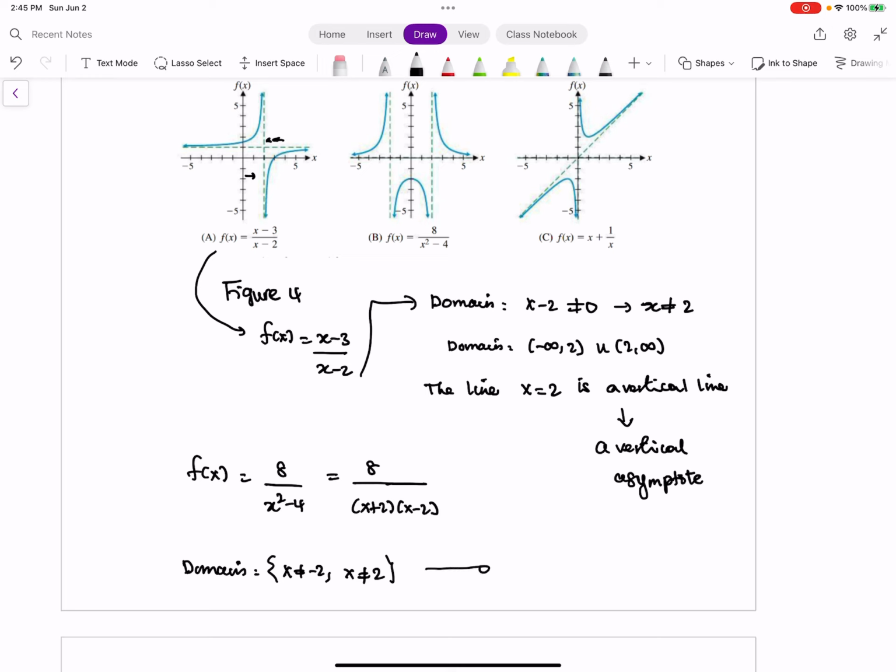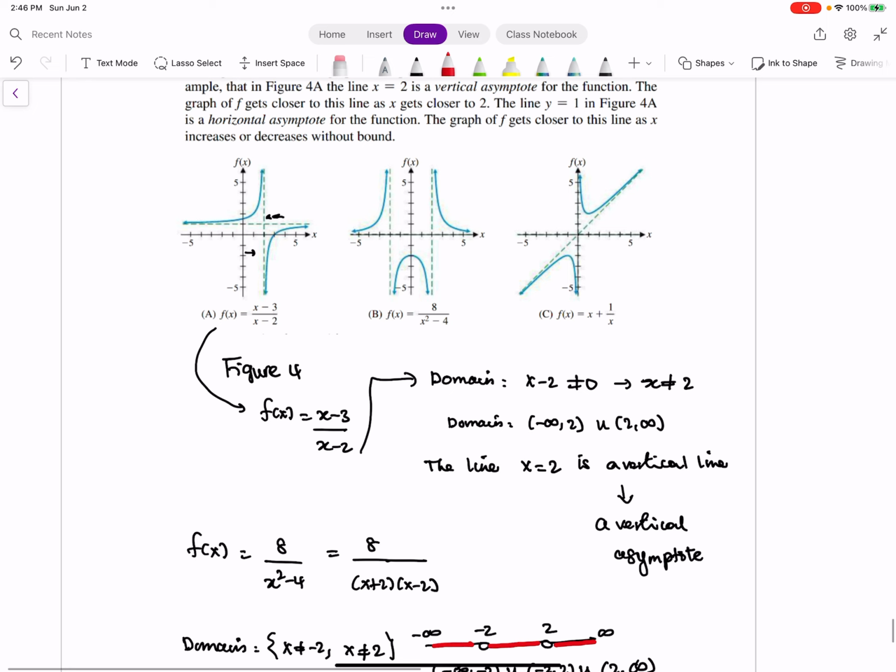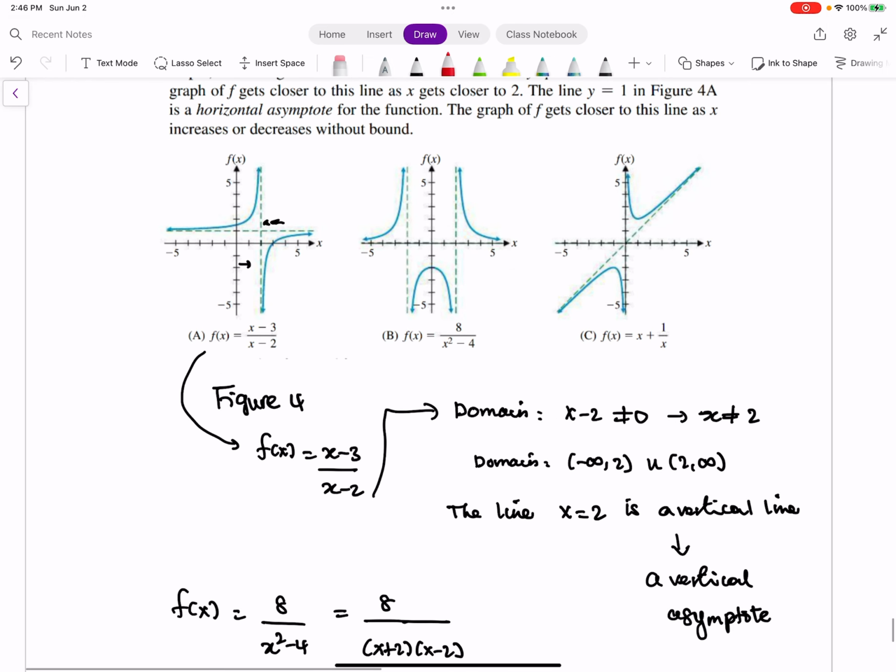This function is not defined at negative 2 and positive 2. In interval notation, you can write negative infinity to negative 2, union negative 2 to 2, union 2 to positive infinity. In other words, the function is not defined at these points, but it is defined on the other points. So when you draw the rational function, you have to indicate the vertical line.